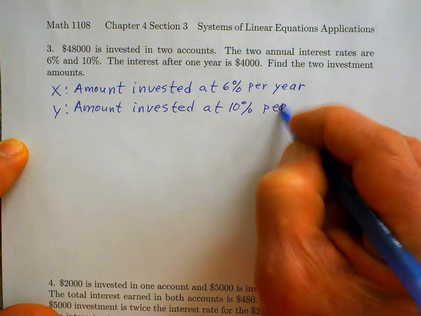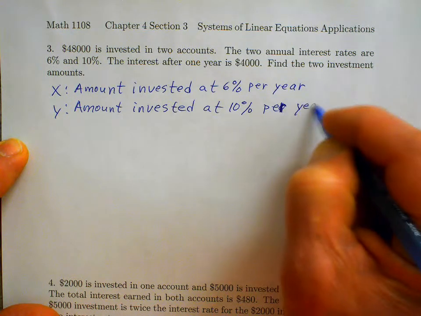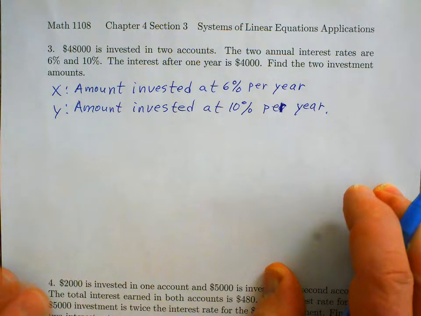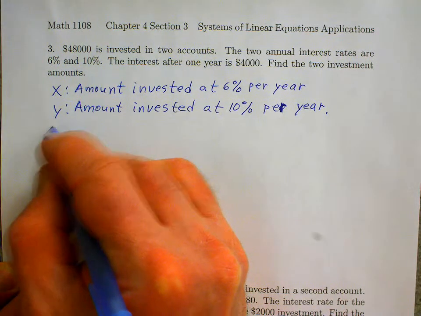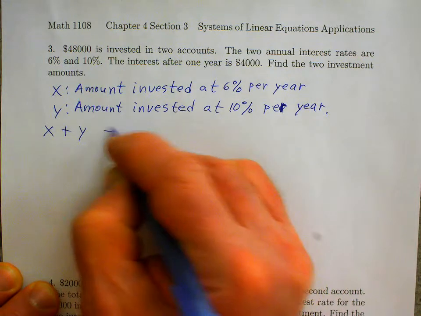Okay, the total amount of money invested is $48,000. So our first equation is X plus Y equals 48,000.